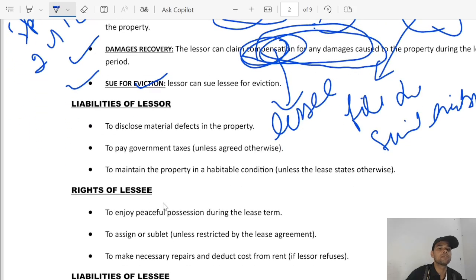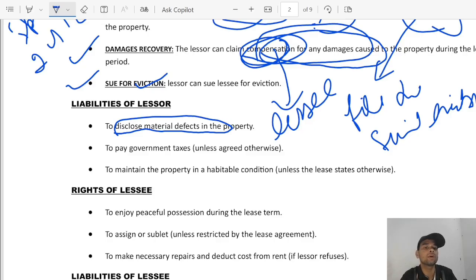Liabilities of the lessor. Number one, the first liability of the lessor is to disclose the material defects in the property. If there exists any kind of material defect in the property, then the lessor must disclose it.